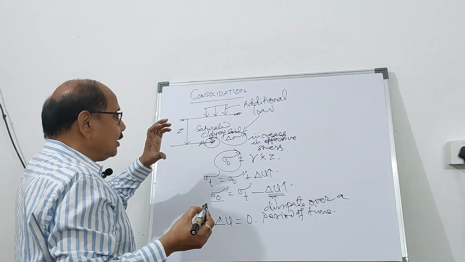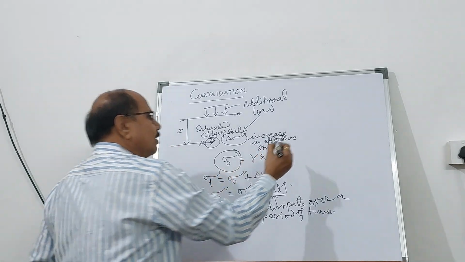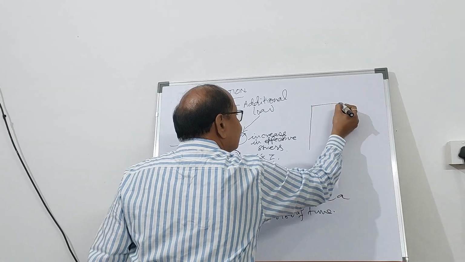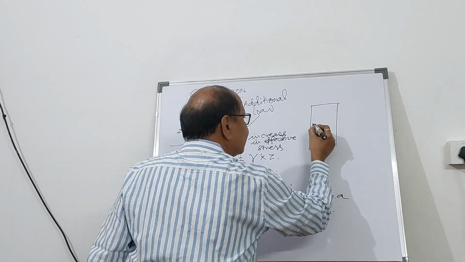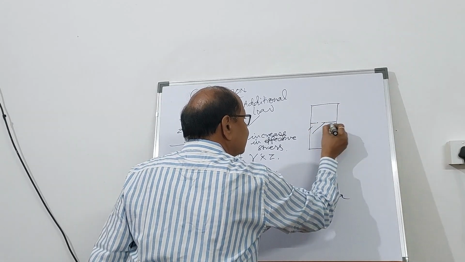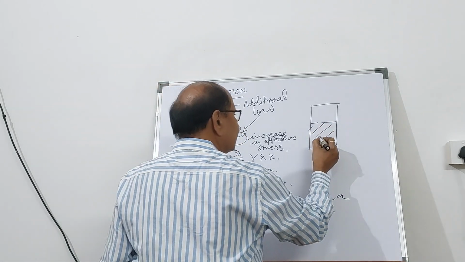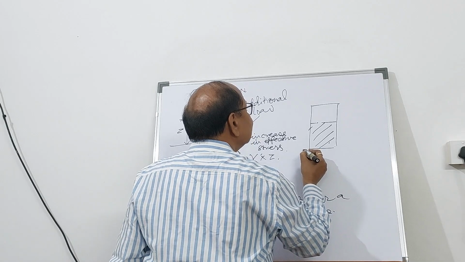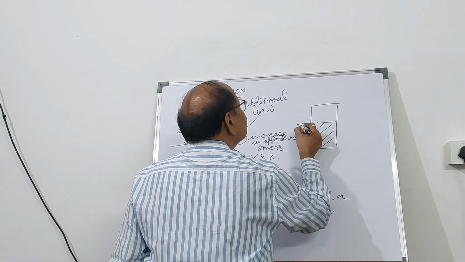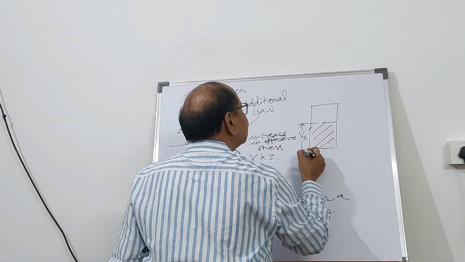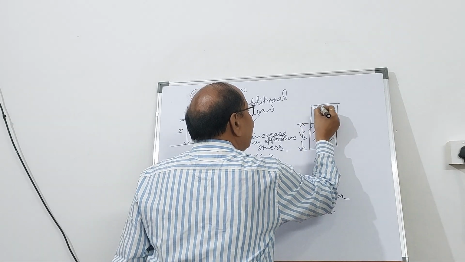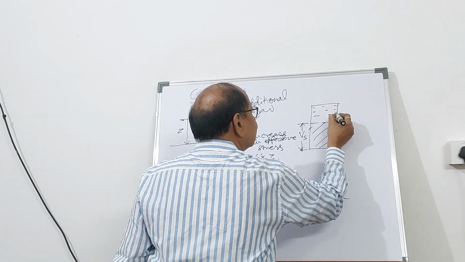So the dissipation of the pore water, because in the three-phase diagram, we know that the saturated soil mass is going to be composed of the volume of the soil solids and the void which is completely filled with water.